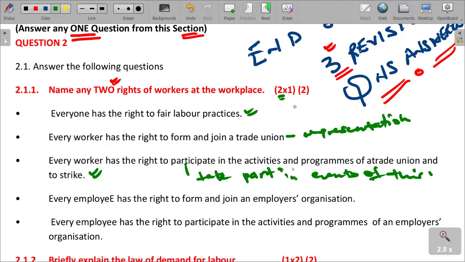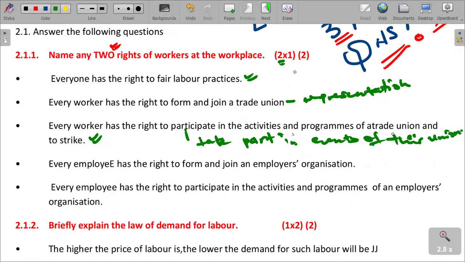So employees have the right to strike, to demonstrate, and to participate according to their trade union's directions.